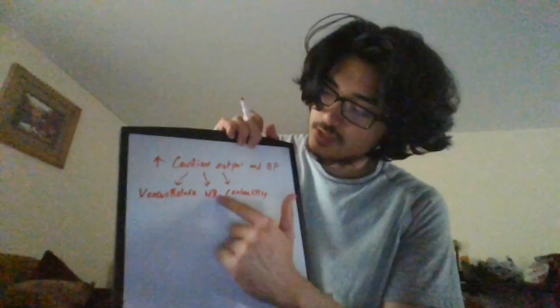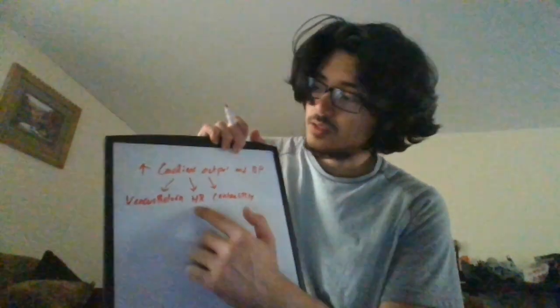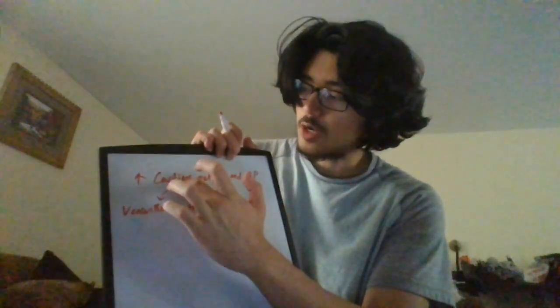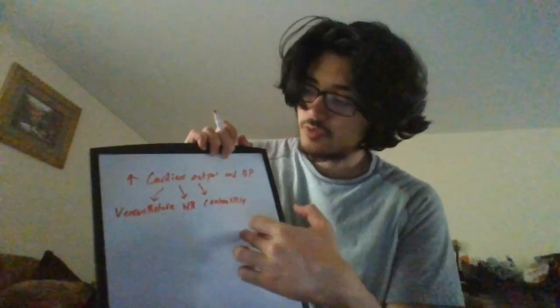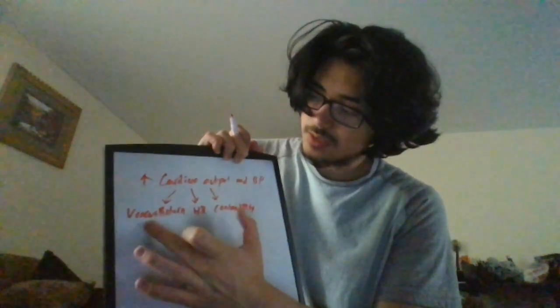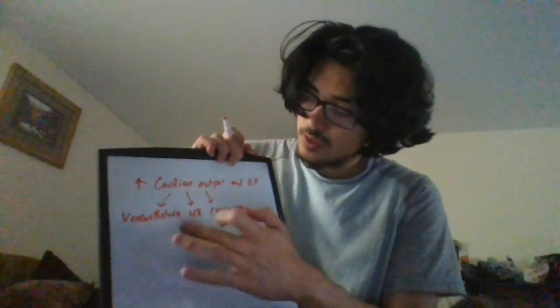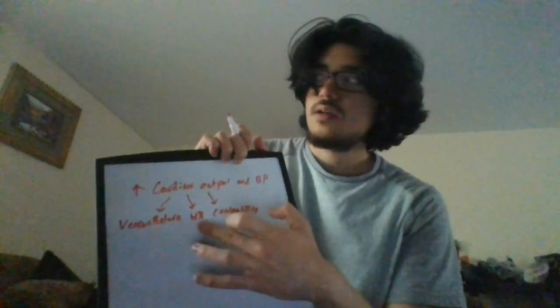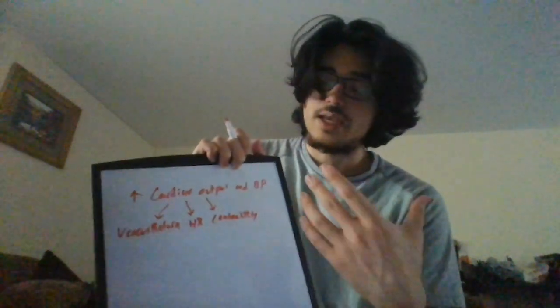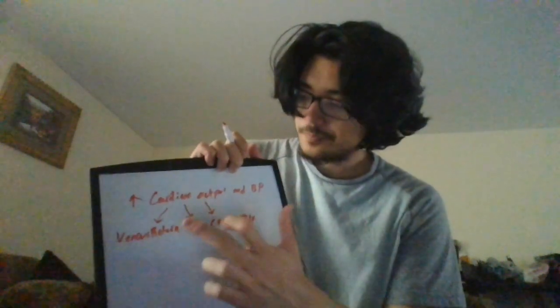So the increase of heart rate means that, the equation for cardiac output being heart rate times stroke volume, this is directly affecting heart rate. We're going to have an increase in the rate of the heart beats, and that allows more blood to be pumped out.